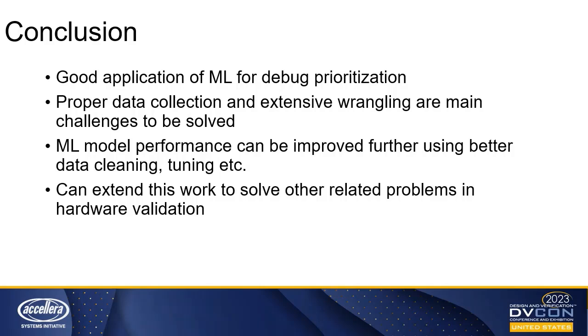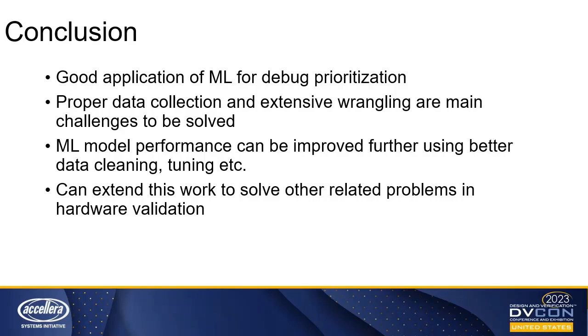This obviously requires proper data collection, the correct kind of data, and extensive data wrangling, which are the main challenges and also consume most of the time and effort in the solution.